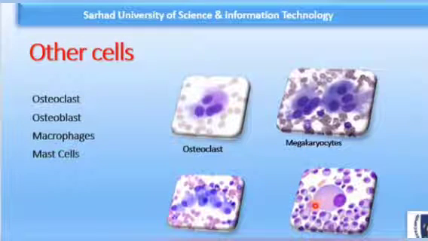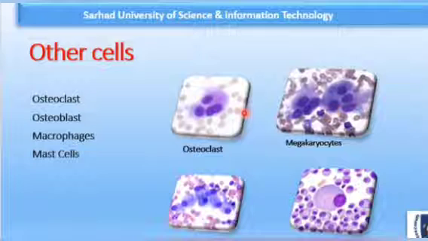This is a plasma cell, where this is an osteoblast. And when you are looking at an osteoclast, you should not confuse it with a megakaryocyte. Megakaryocyte has its own morphological features.